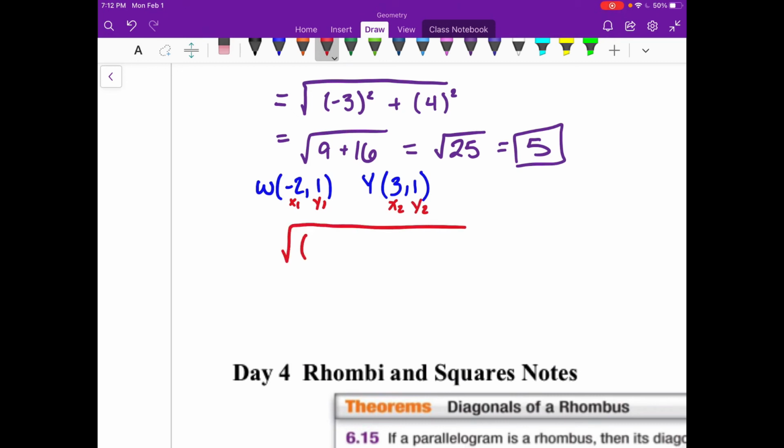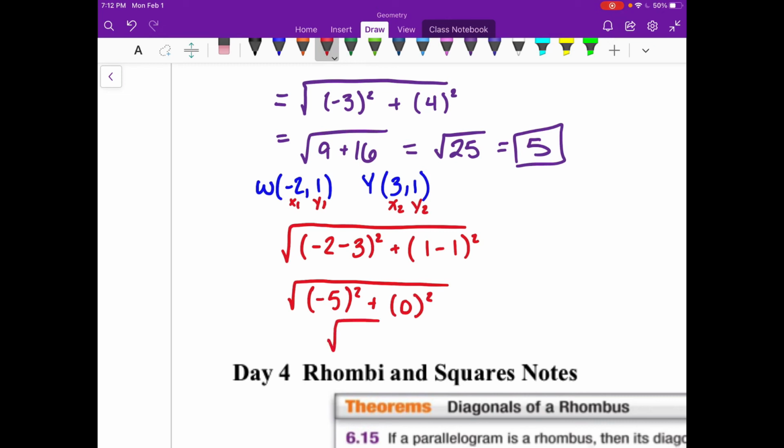First it'll be x1, which is negative 2, minus x2, which is 3, squared, plus y1, which is 1, minus y2, which is 1, squared. So negative 2 minus 3 is negative 5 squared, plus 1 minus 1 is 0 squared. Well, negative 5 squared is 25, plus 0 doesn't really do anything, so it's just 25, which is, again, 5. So those distances are the same.